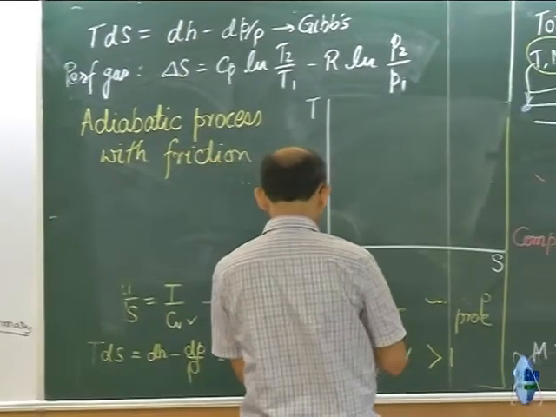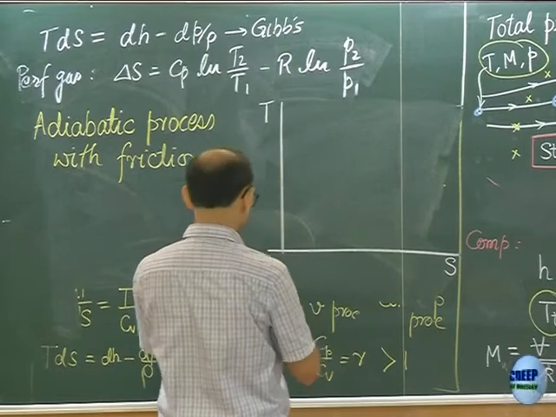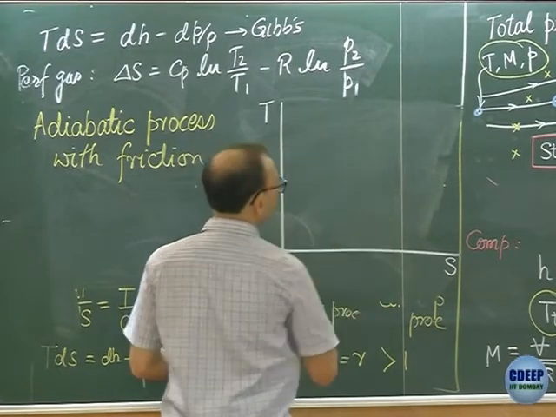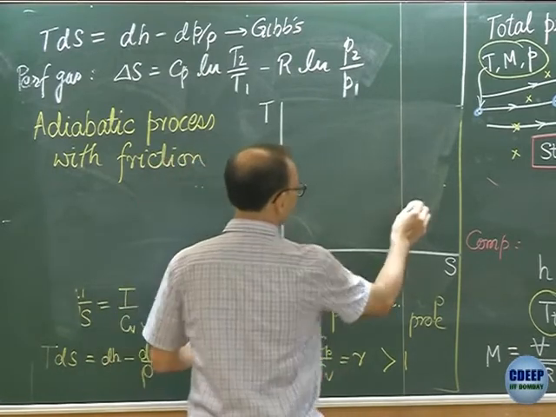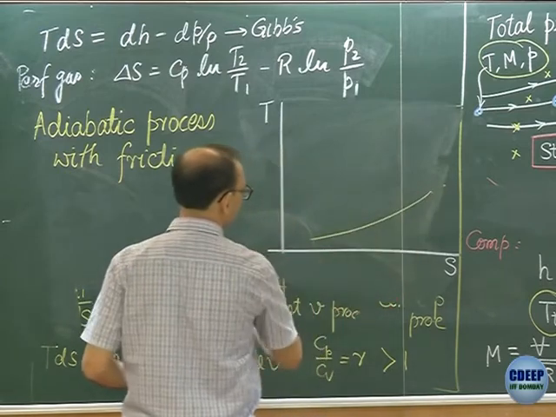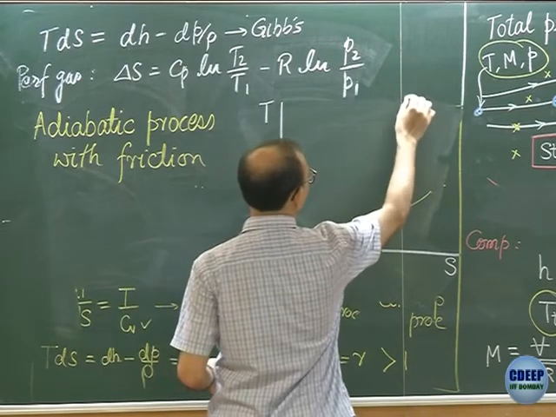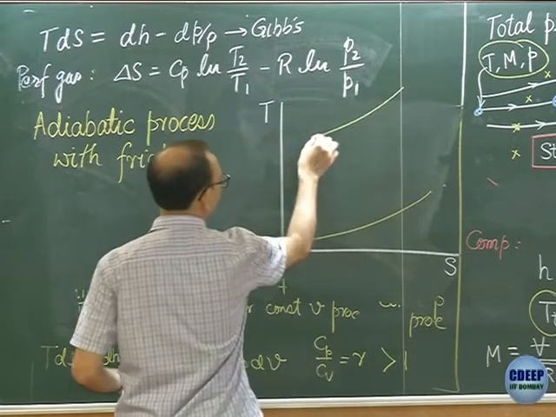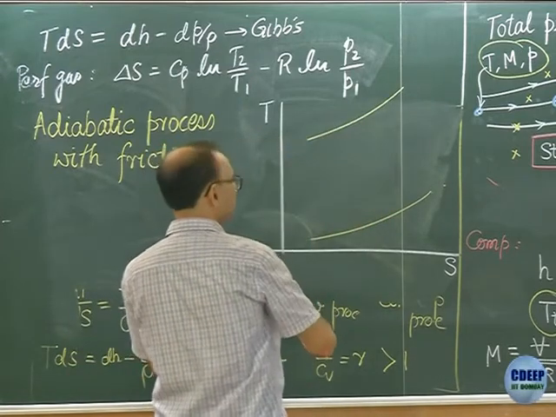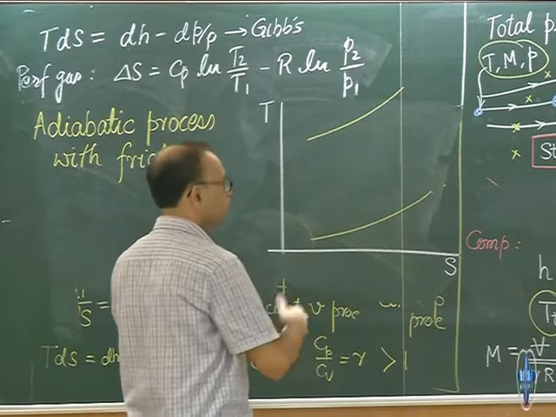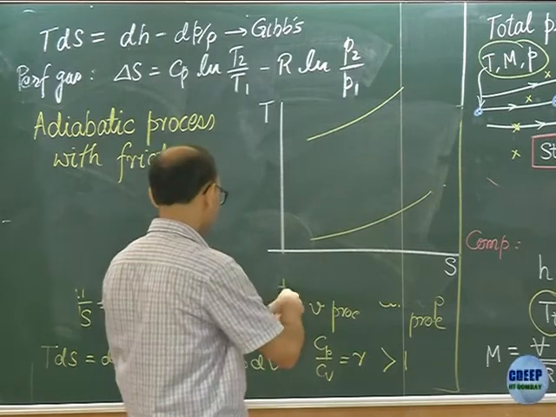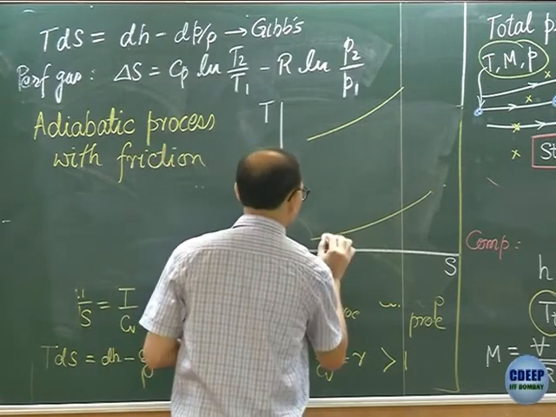So let me draw a few representative lines here. I need a bit more space, but we'll try to do it here. We start with a point, let's say between point 1 and point 2. 1 is the entry to this process and 2 is the exit. So here is my 1.